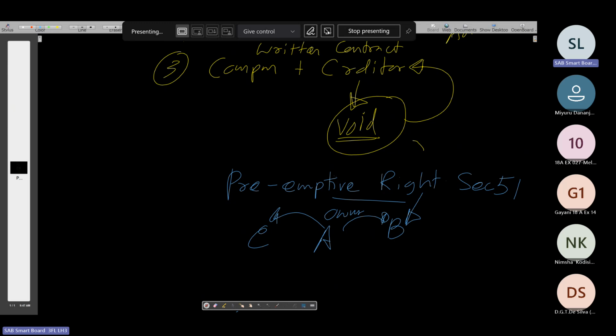So if B has a preemptive right and A wants to sell the property, the first choice must be given to B. If he refuses to purchase, then A can sell it to an outside party, a third party. This is known as preemptive right.